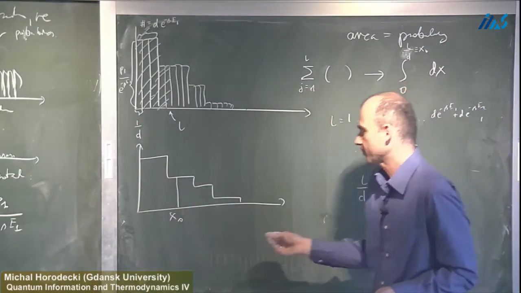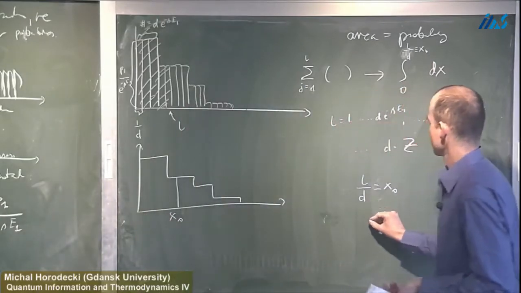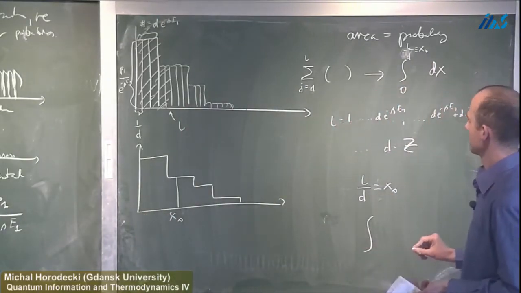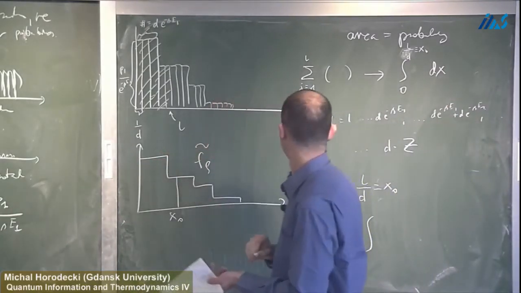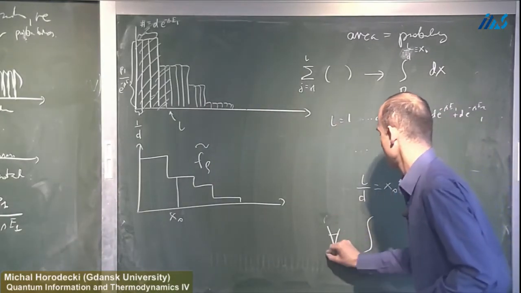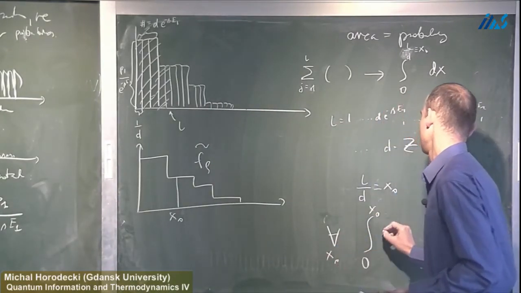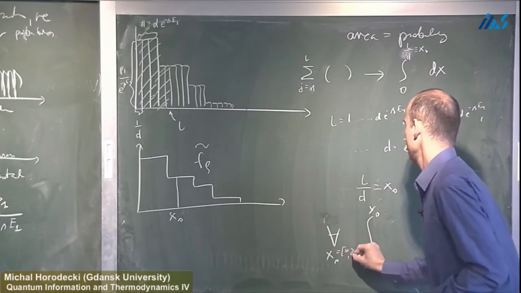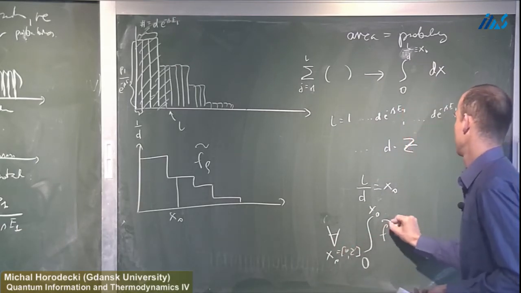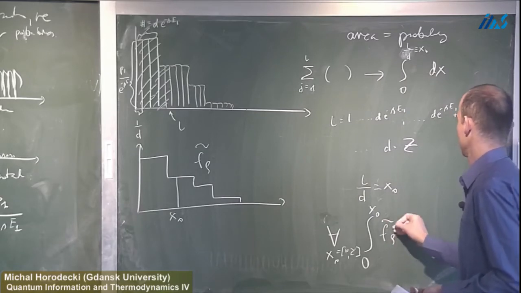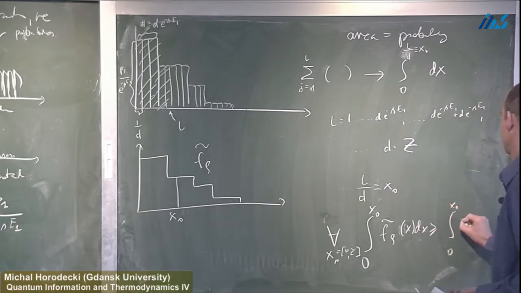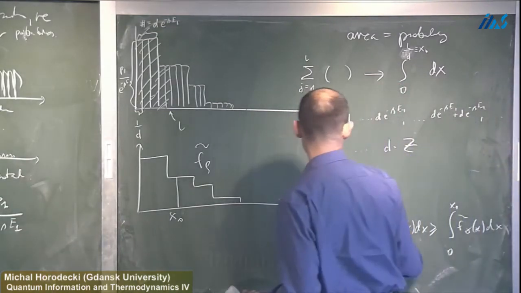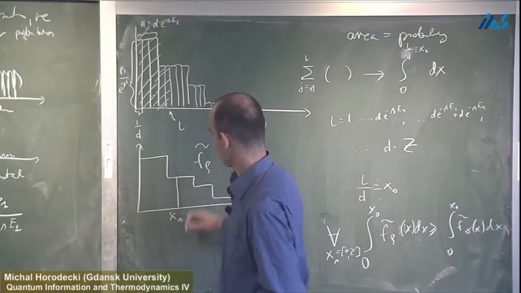So my majorization condition turns out to be, with this step function, let me call it f tilde of rho, that for any x0 from 0 to Z, the integral of f rho of x dx should be greater than the integral of f sigma of x dx.